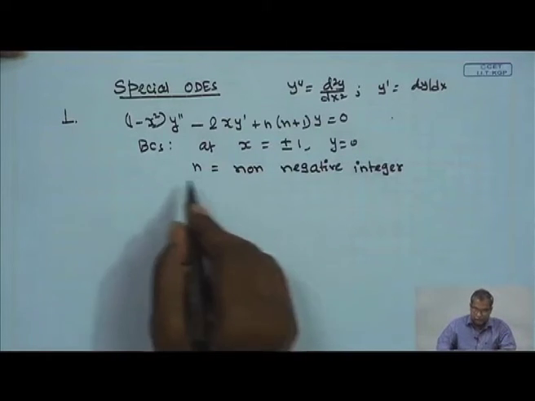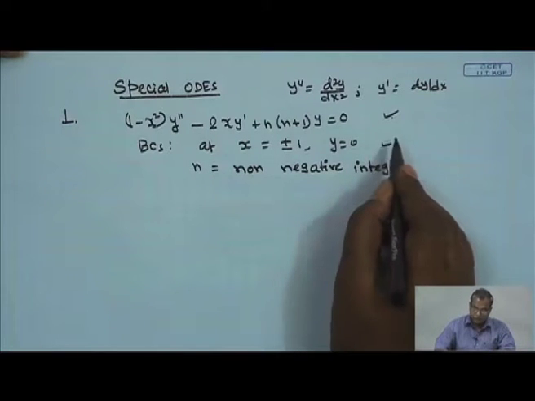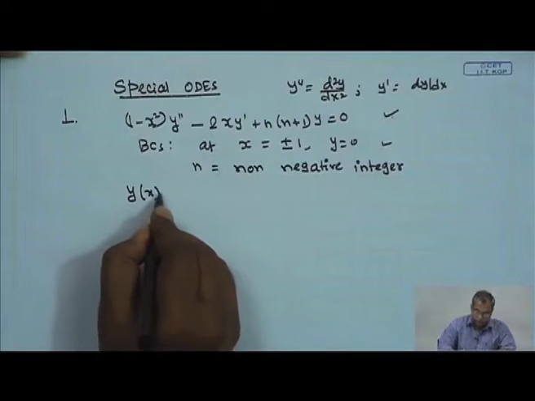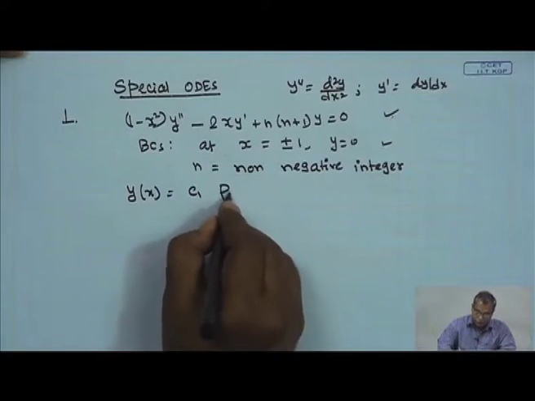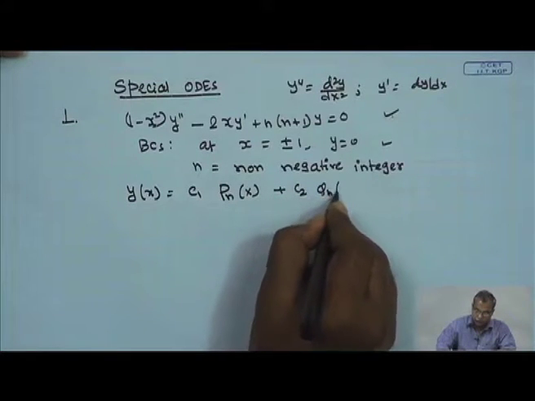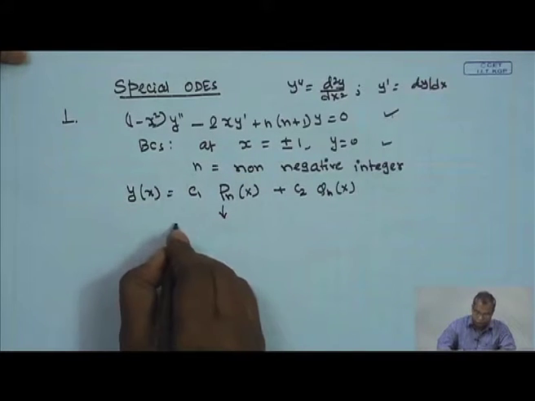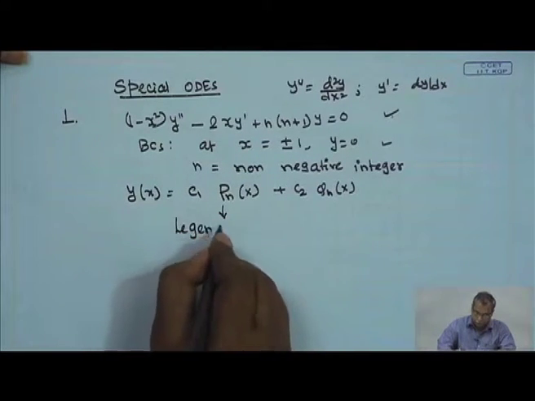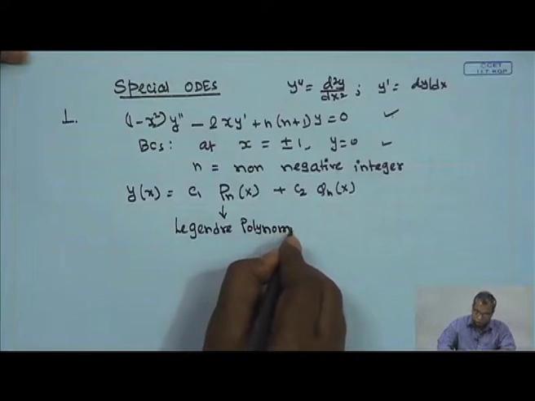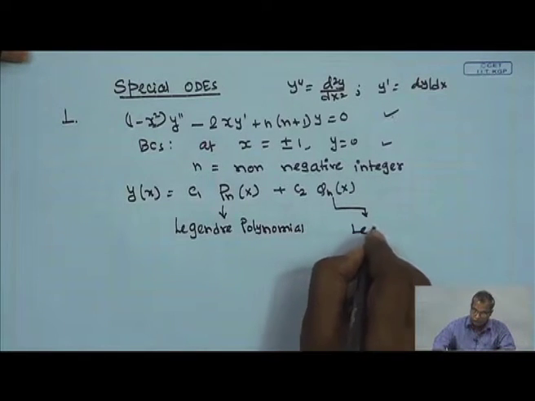If this is the type of equation we are going to have, and these are the boundary conditions, then the solution is in the form of C1 Pn(x) plus C2 Qn(x), where Pn is known as the Legendre polynomial and Qn is known as the Legendre function.